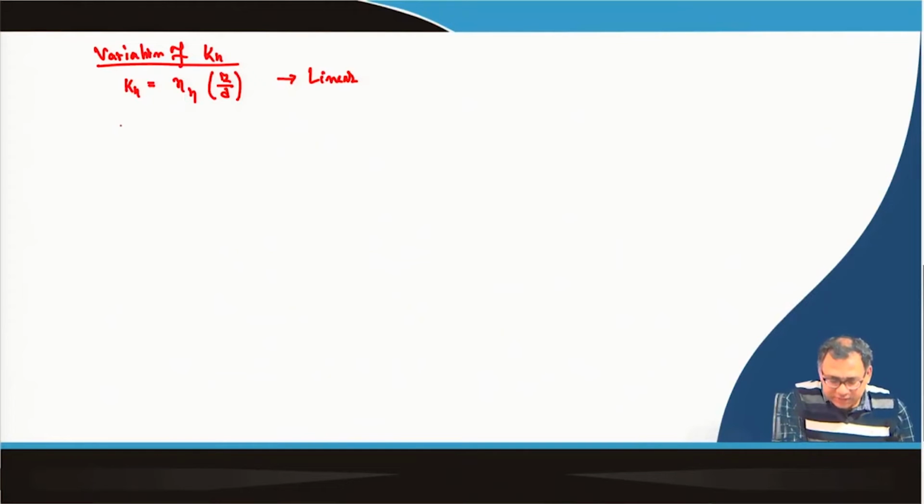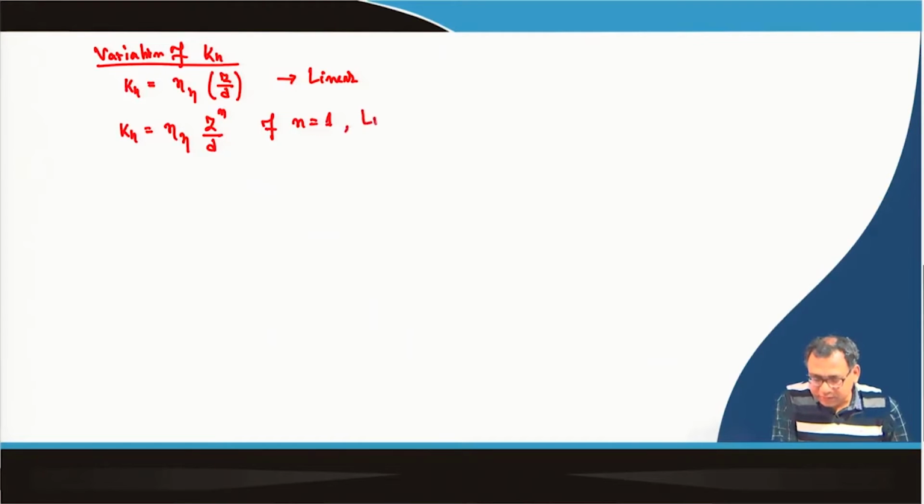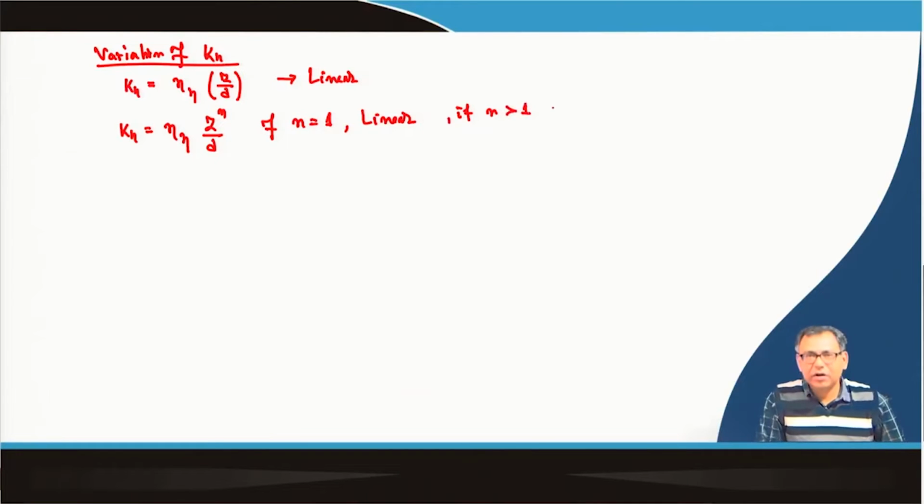Another variation can be that kh is equal to eta h z to the power n by d. Now, if n is equal to 1, then this will be the linear variation, which is the same as this one. But if n is greater than 1, then it will not be a linear variation, it will be a non-linear variation.